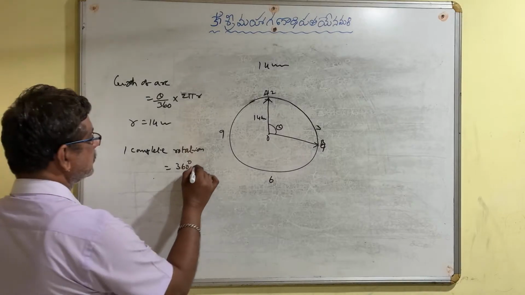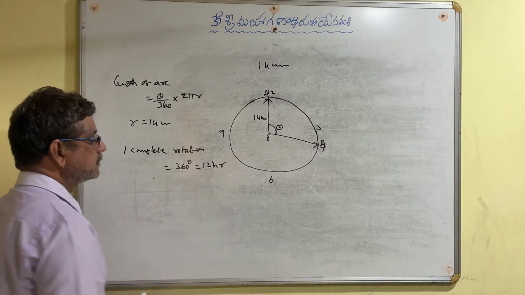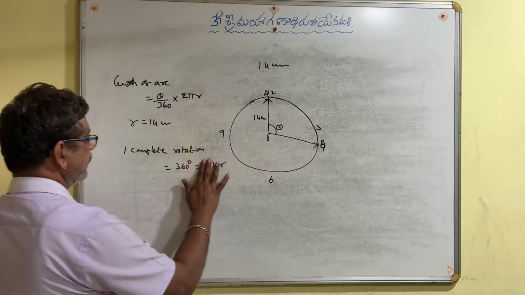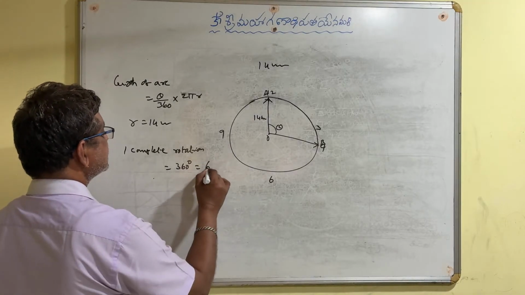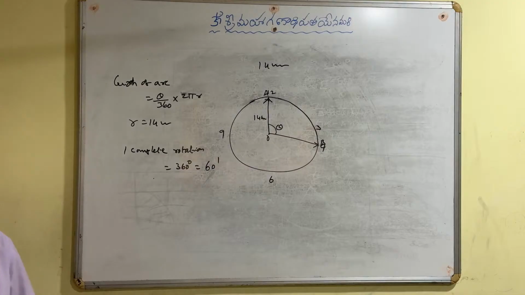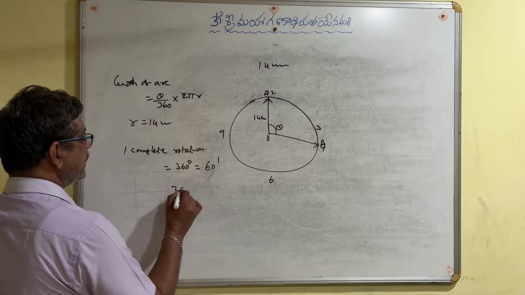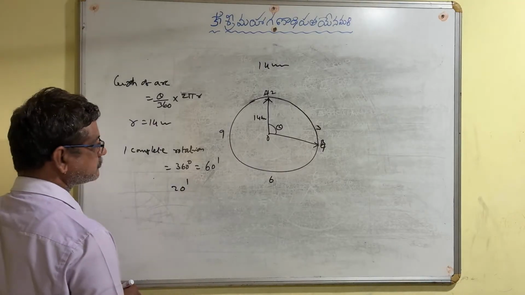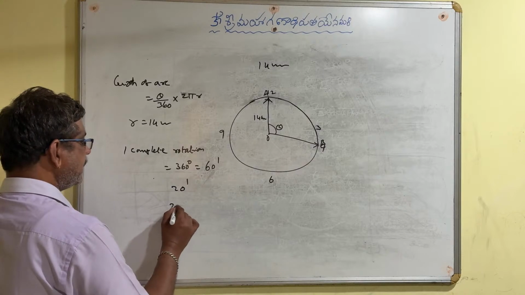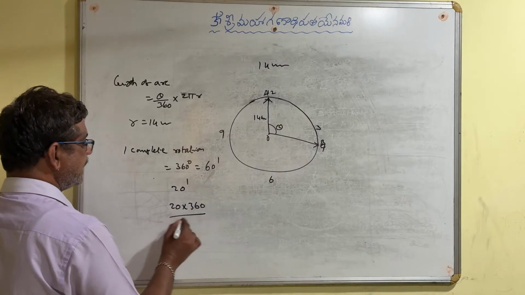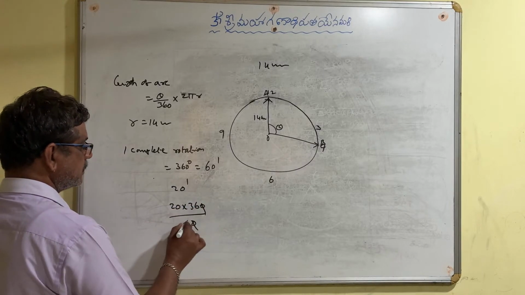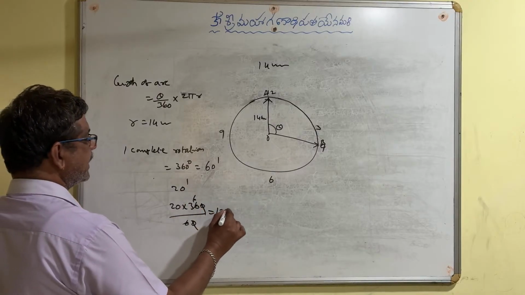That means 12 hours. No. Sorry. 60 minutes, 360 degrees. Is that right? 60 minutes, 360 degrees. Then 20 minutes, how much? 20 into 360 by 60, 120 degrees.